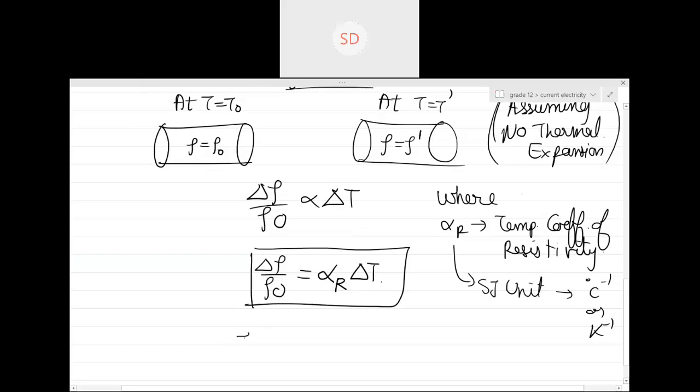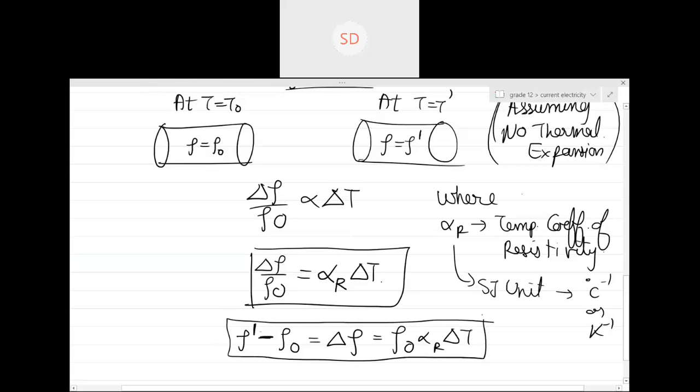Can you see, I can write rho dash minus rho naught, which equals delta rho, equals rho naught alpha r delta T. This is also one of the formulas. This is the relative change in resistivity, from 11th grade, first chapter, units and dimensions, errors.